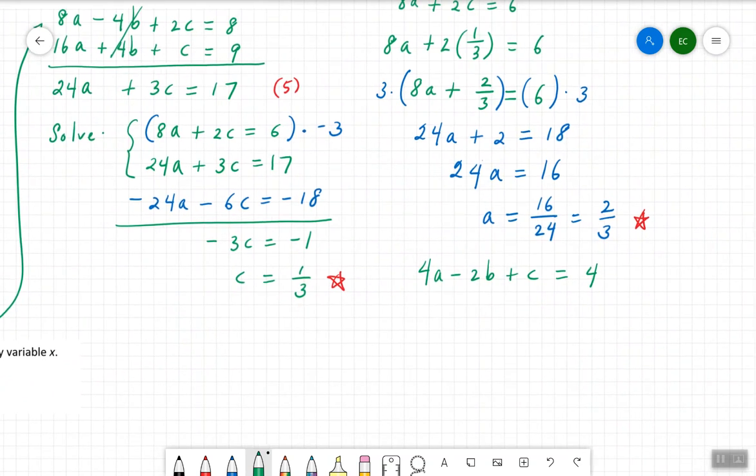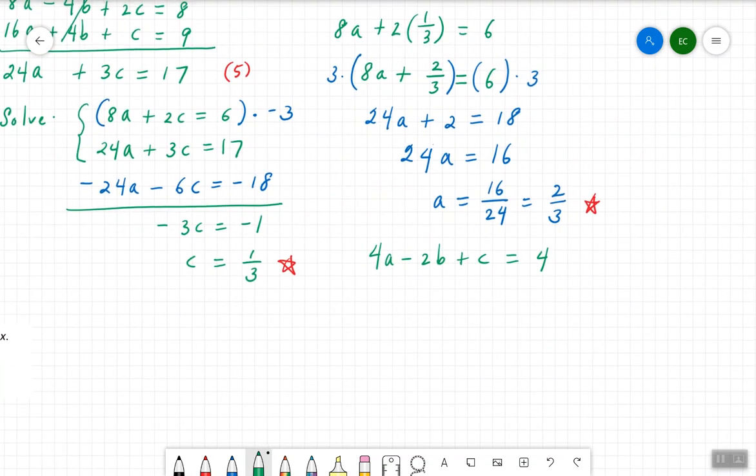Looks good. Okay, and then I can go ahead and plug in the values for a and c that we already have. So that's 4 times 2/3 minus 2 times b plus 1/3 is equal to 4.